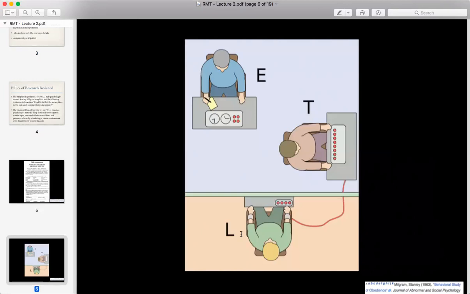T thinks that L is being studied, when actually T is the one being studied, right? In this series of experiments, each time the actor pretended to get a question wrong, the experimenter would ask the subject T to raise the voltage on the machine.